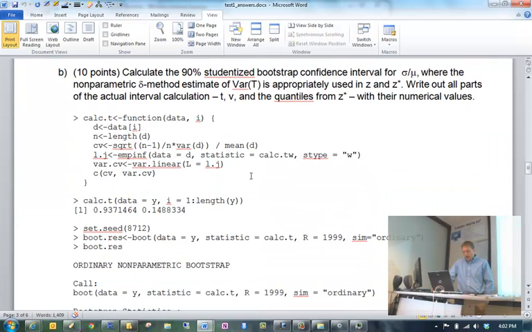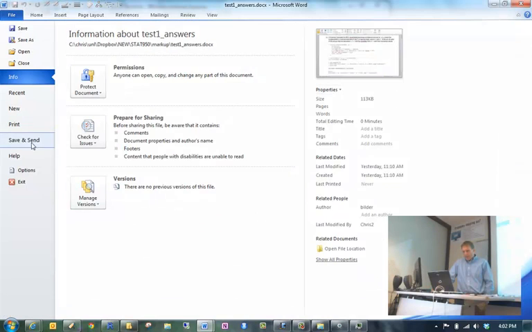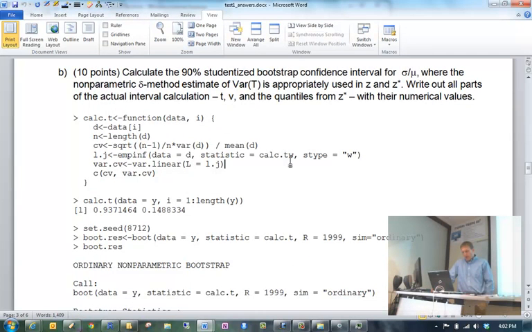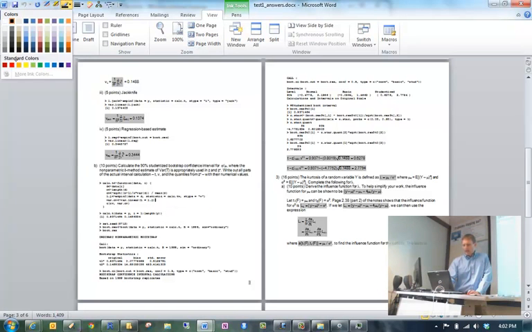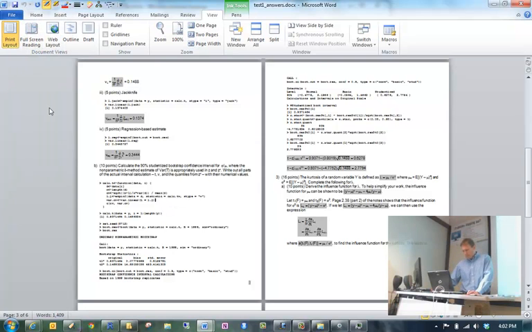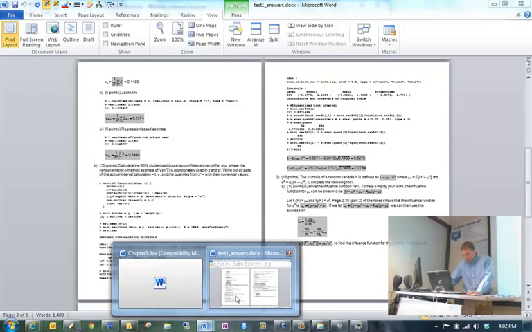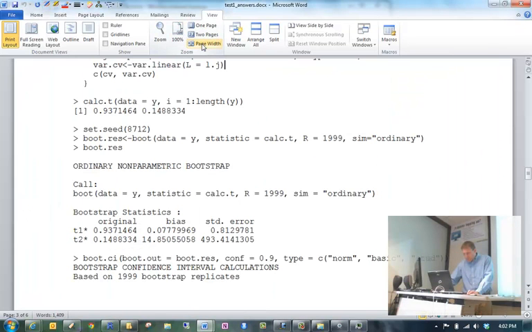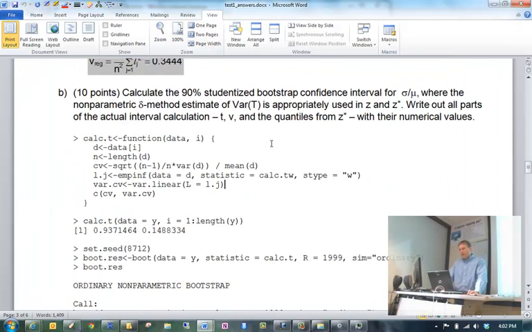So in this particular problem, you had some simulated data, and you needed to find a studentized Bootstrap confidence interval for it. Where a number of students were having difficulty was how to get V star.